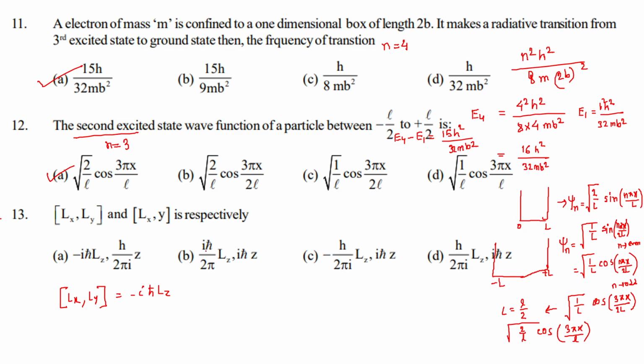Option number two it is plus, so it cannot be. Option number D, it is also plus, so it cannot be. So you can see it is minus i h cut Lz. It can also be written as minus i h over 2 pi Lz, or also minus h by 2 pi i Lz.